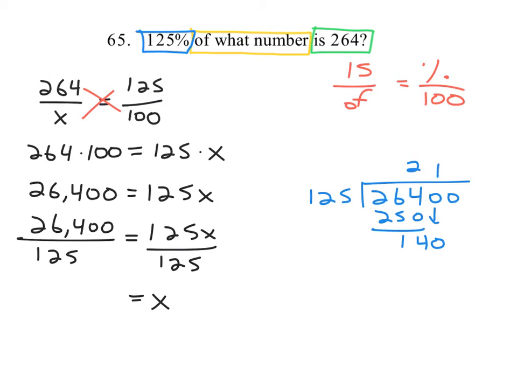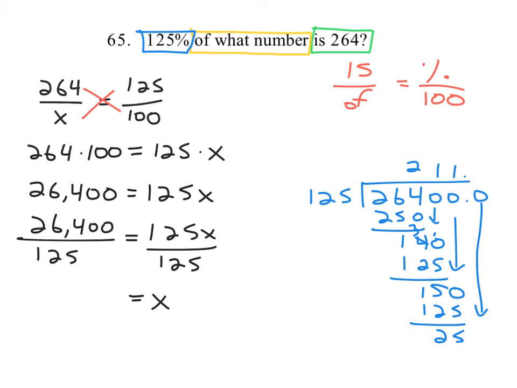It goes in once. 15 left over, and then I put in the 0, and I say how many times does 125 go into 150? It goes in once. It's 125. Got 25 left over, and here's where I'm going to annex a 0. We put the decimal and then add a 0 and bring it down, because look at this: 125 goes into 250 now exactly 2 times.